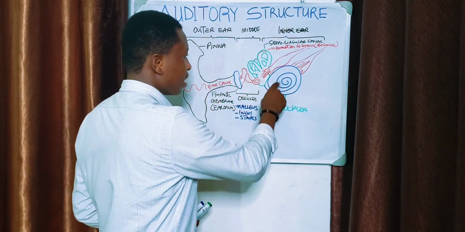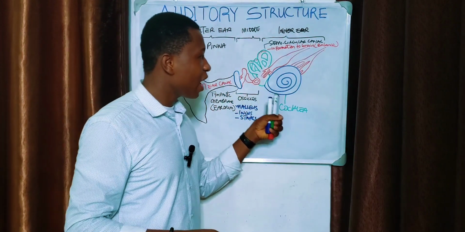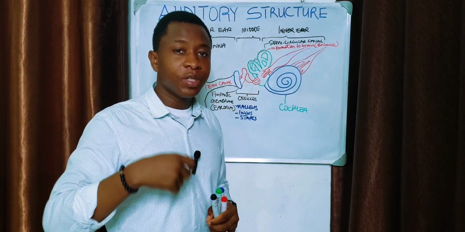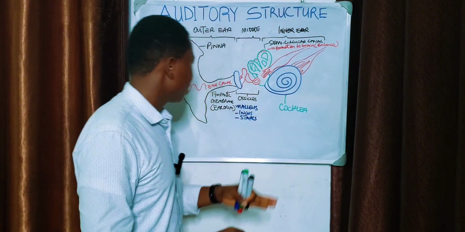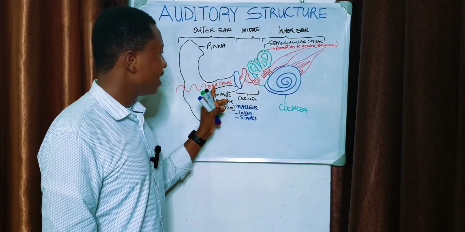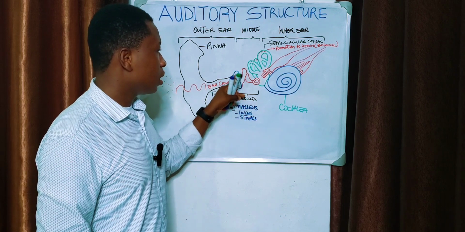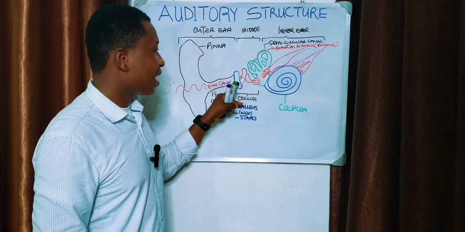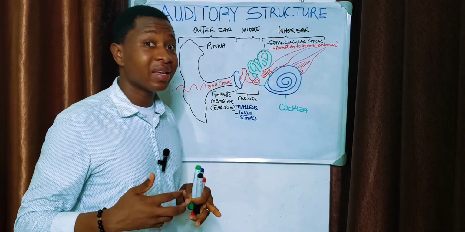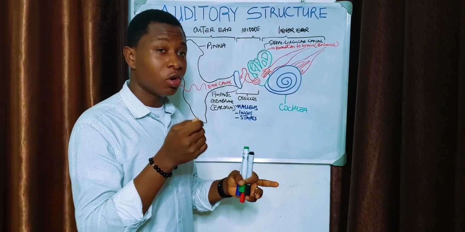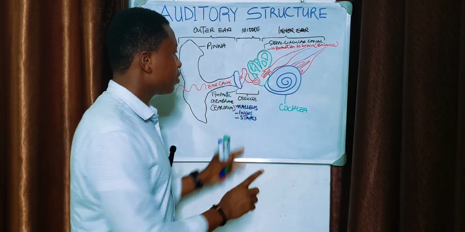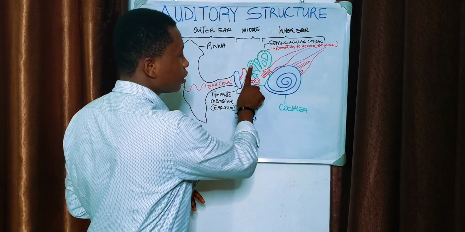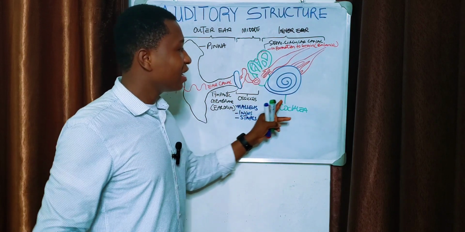And this is where the hearing, the interpretation of every sound you hear, takes place. When the vibration gets into the ear canal and hits the eardrum, just like a drum, it amplifies the vibration, and that vibration moves across every structure and gets to the cochlea.